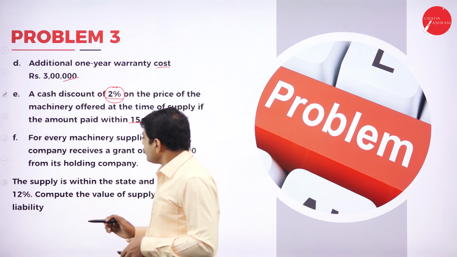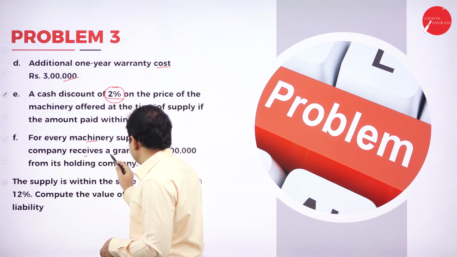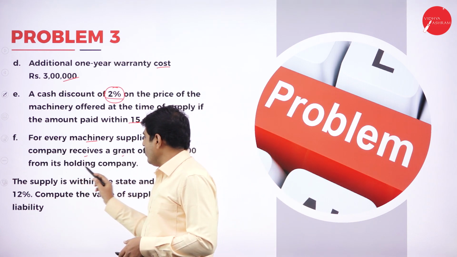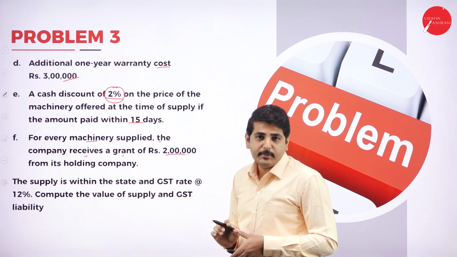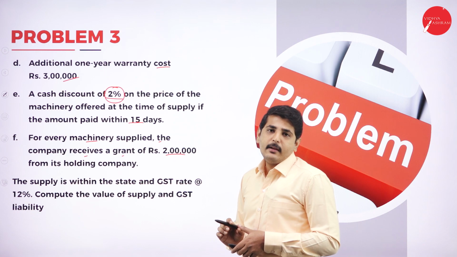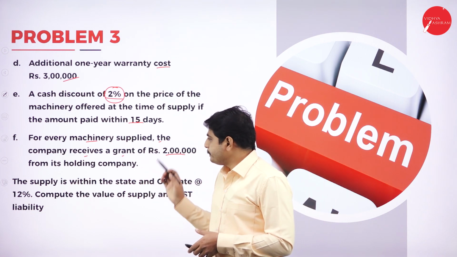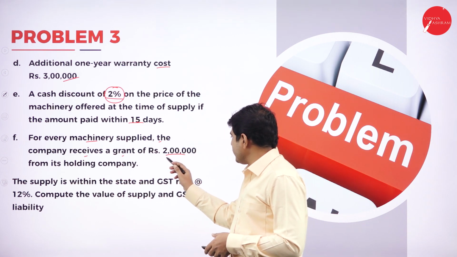Next one, for any machinery supplied, the company receives a grant of rupees 2 lakh from its holding company. What do you mean by that? Whatever machines are supplied to any other company or factory, the company receives 2 lakh rupees of grant.